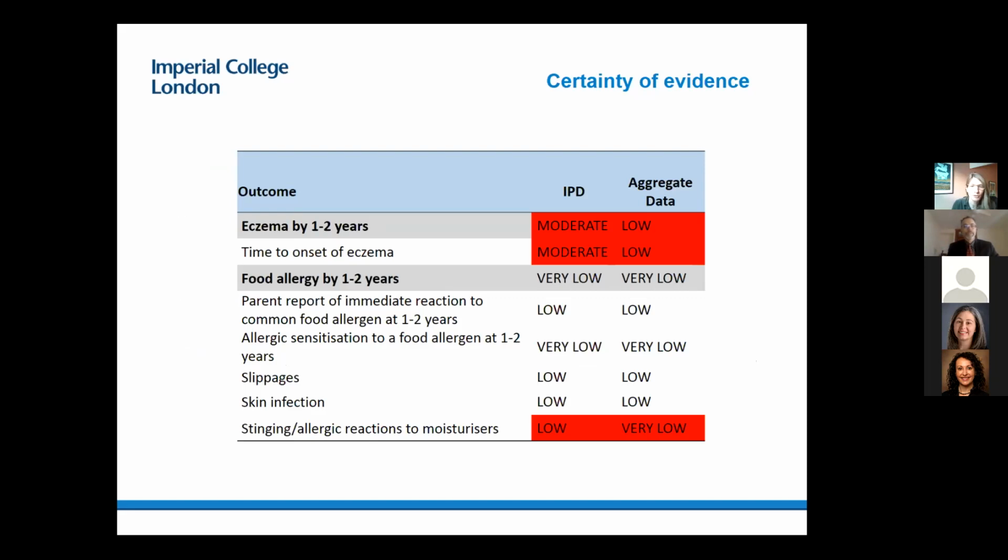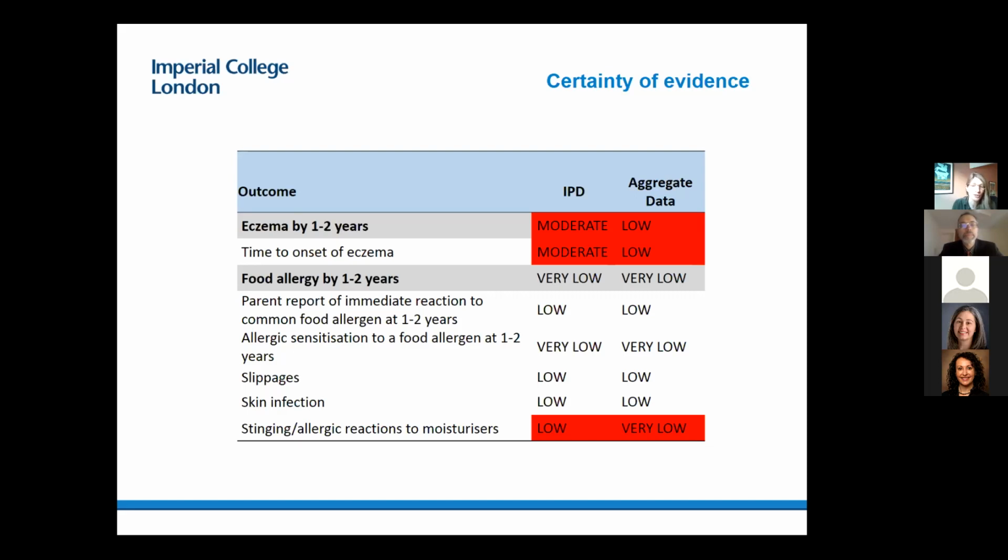So the table on the screen now is just summarising the certainty of evidence for each of the main outcomes for the IPD and aggregate data analysis. So the IPD grading here and aggregate data here. Now, I've highlighted in red where the quality of evidence was 1 point lower in the aggregate data analysis, which was the case for 3 out of the 8 main outcomes.